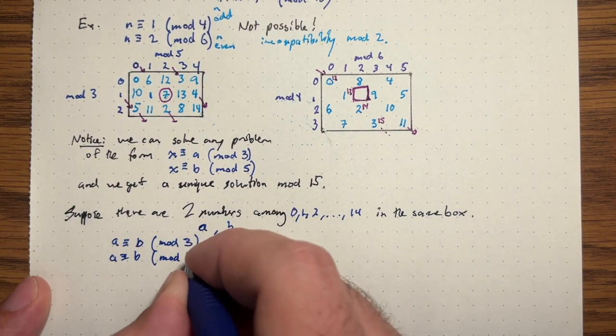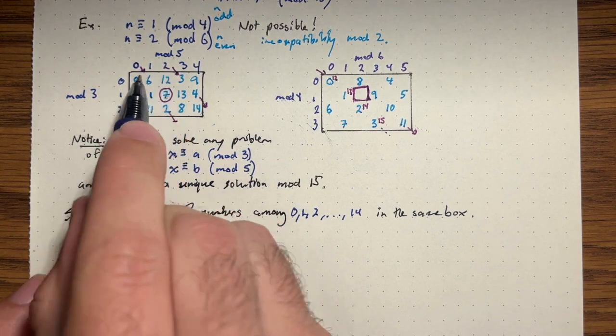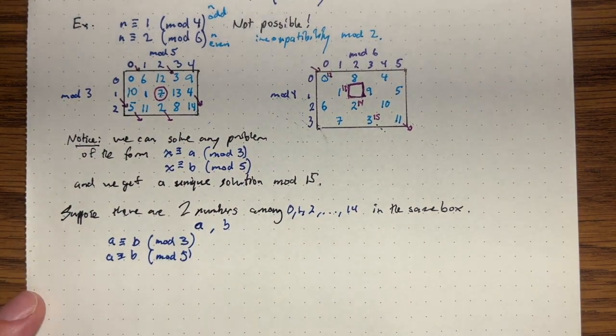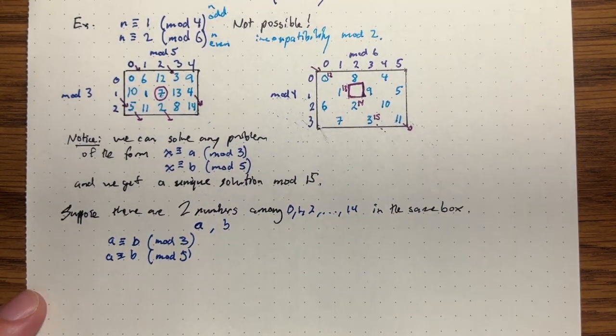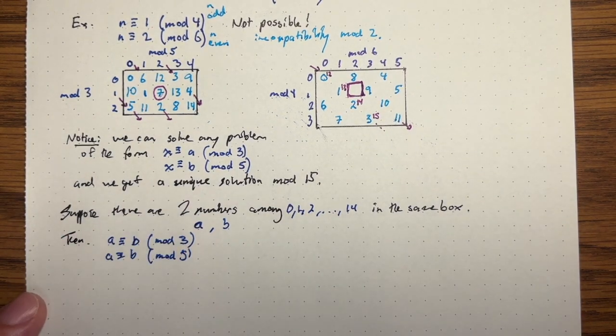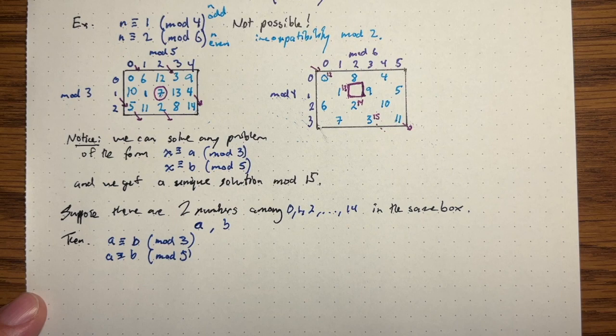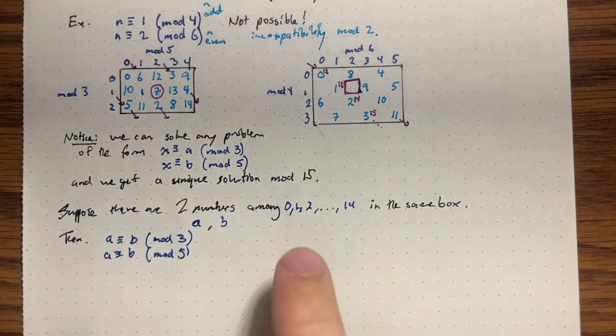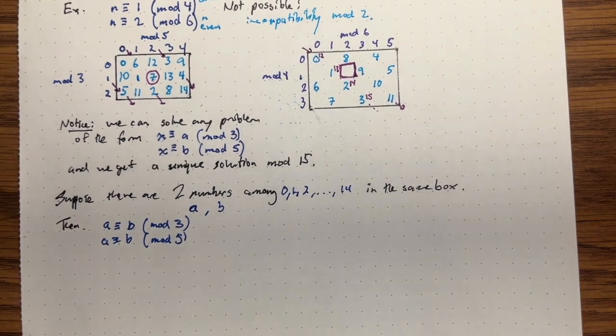That's what it means to be in the same box here, right? They have the same congruence conditions, mod 3 and mod 5. Okay, so then we have this. And what would we like to do? We'd like to show that A and B are the same number, at least the same number mod 15.